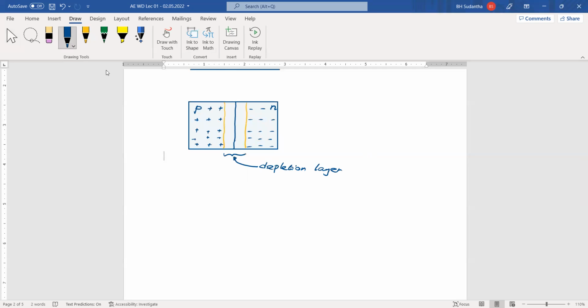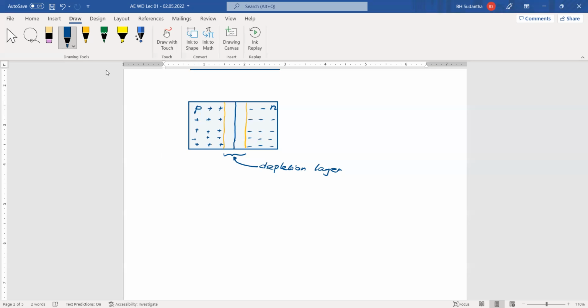Because of this depletion layer, no more electrons or holes can go to the other side, and the traveling of the carriers is stopped here.